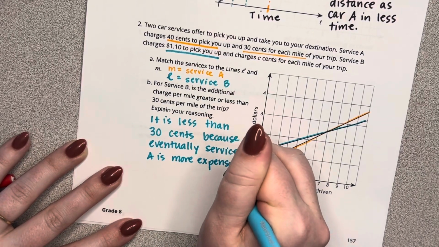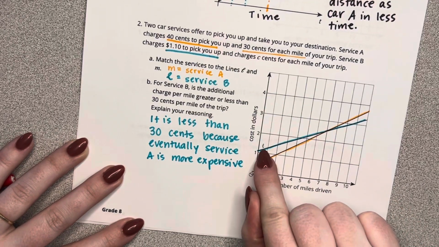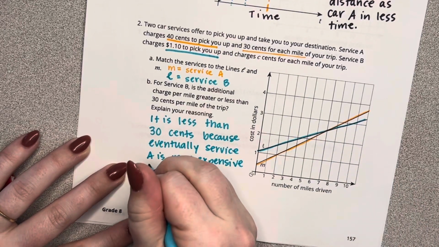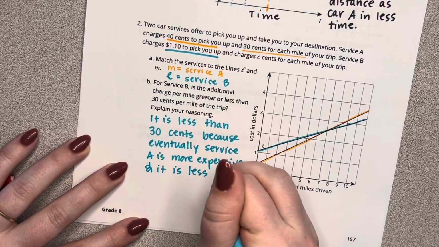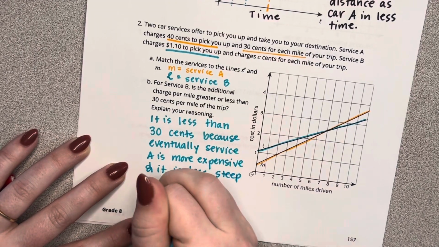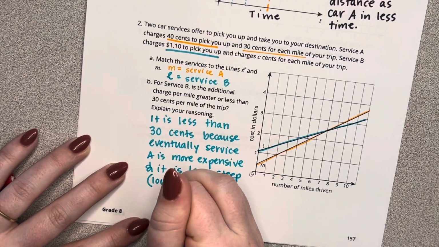And I can see that this line is a little bit less steep. So if it's less steep, that means it would have a lower cost per mile.